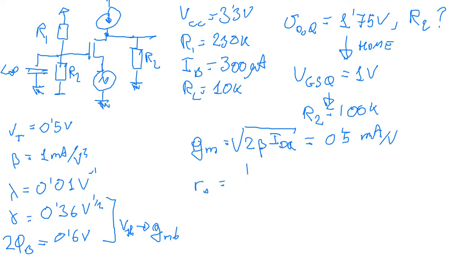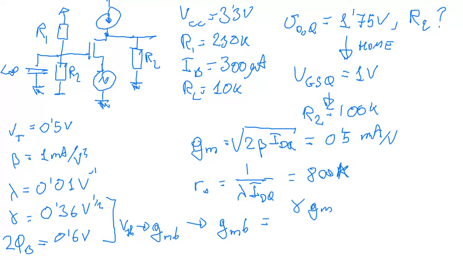R0 is equal to 1 over lambda multiplied by the current at the quiescent point, which is in this case 800 kilo ohms. And the bulk transconductance, using these parameters and the other ones, is gamma gm over 2 times the square root of 2 phi_F minus V_BS.